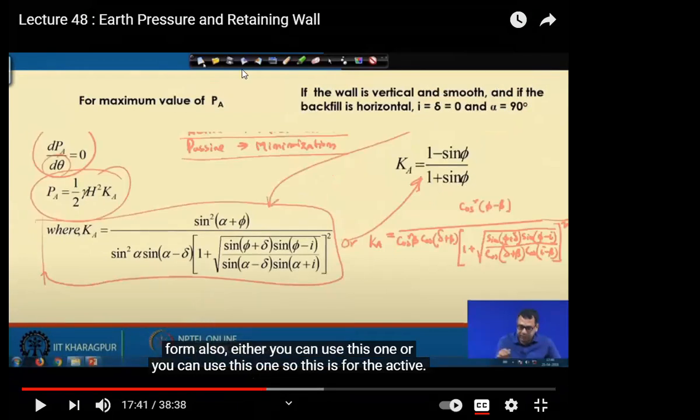Are you able to hear me? So first note down the expression for Ka and also for Pa so that you can solve a problem. Note down these expressions Pa and Ka.